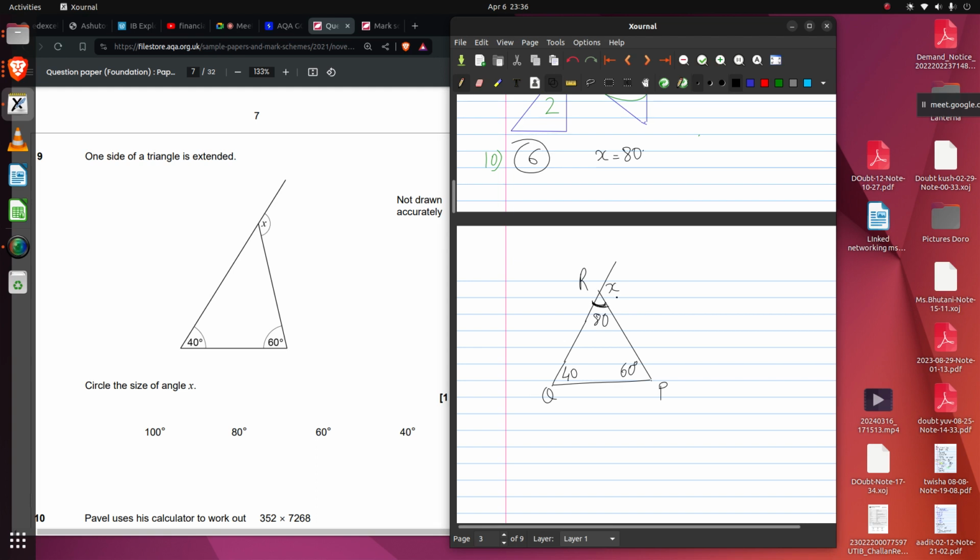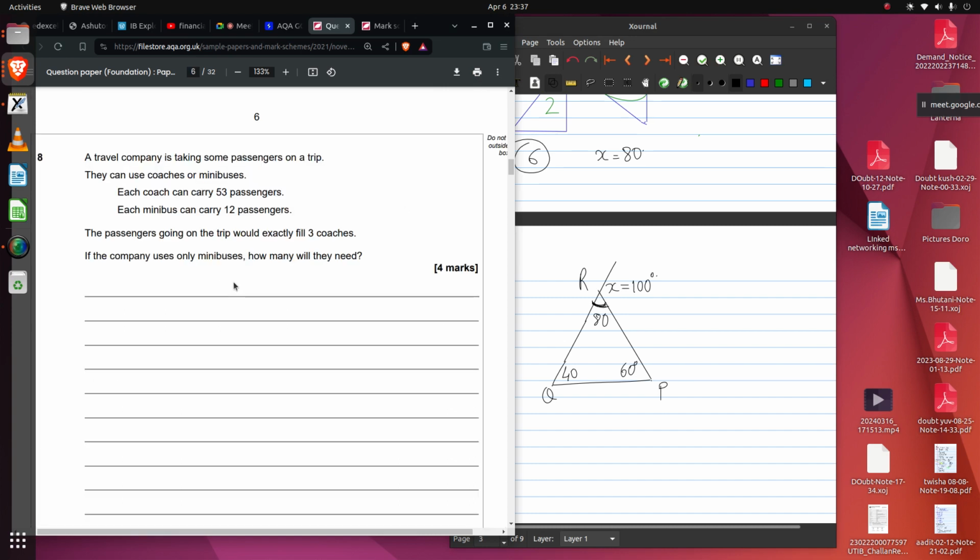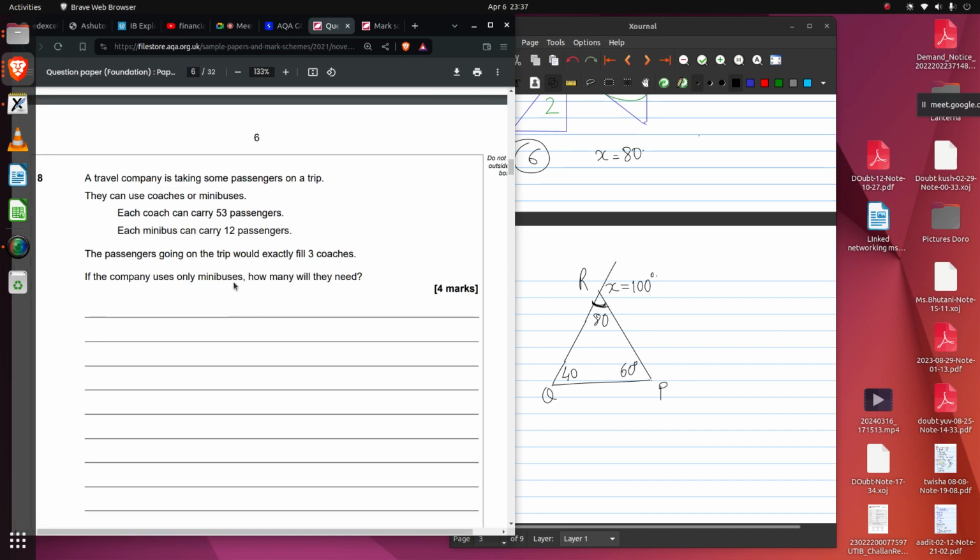If this number is 80, what is x? 180 minus 80. Exactly. So x has to be 100. That's right. Simple, right? A travel company is taking.